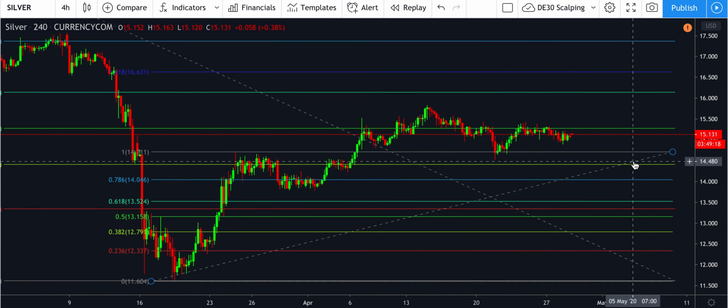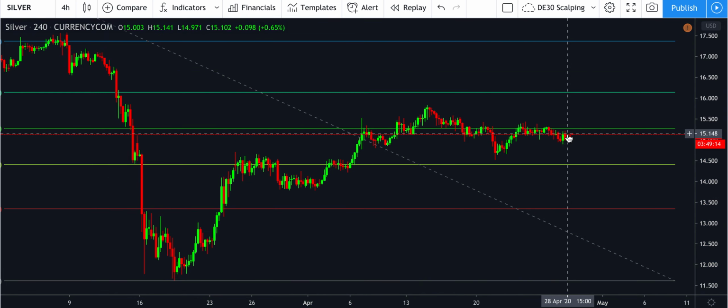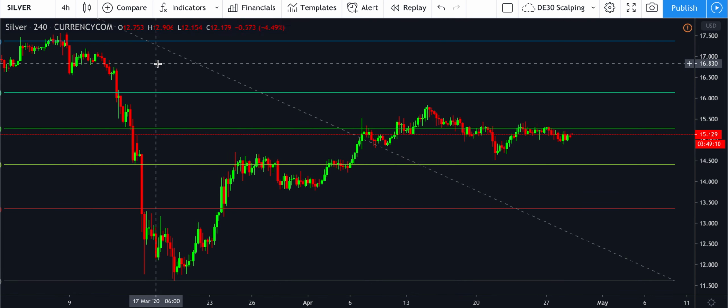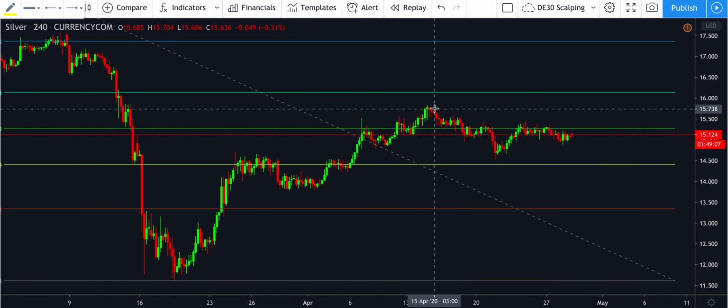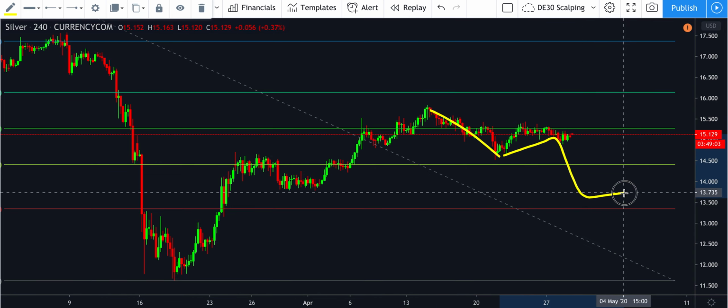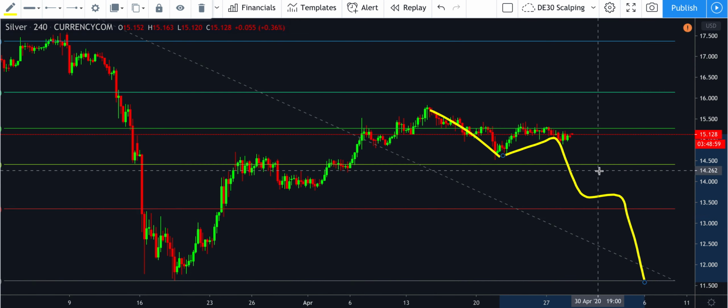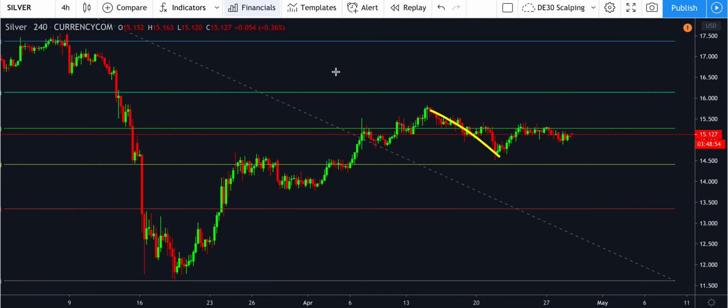But if we have a continuation of this move, meaning this is going to be 5 moves down, this is another story. It means that you shouldn't be buying right now, because lots of people are saying buy silver, but from what I see, we are not in an uptrend yet.